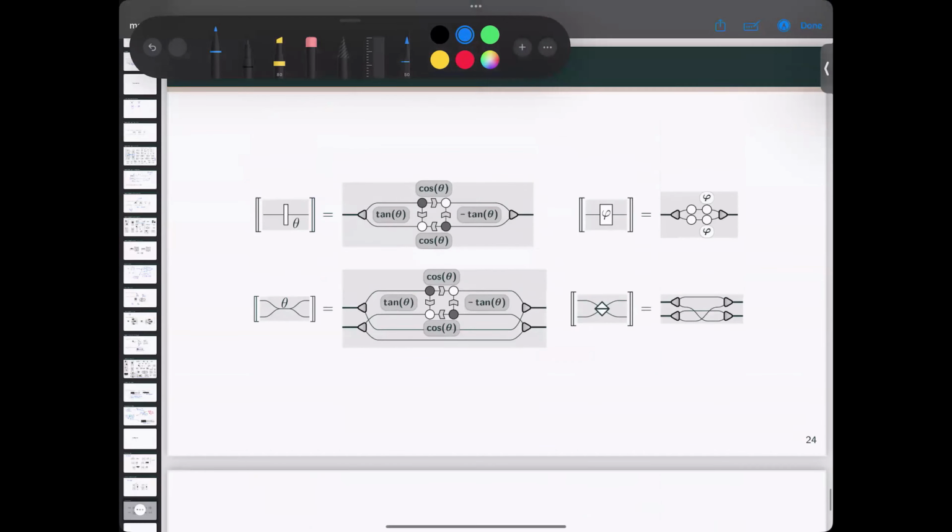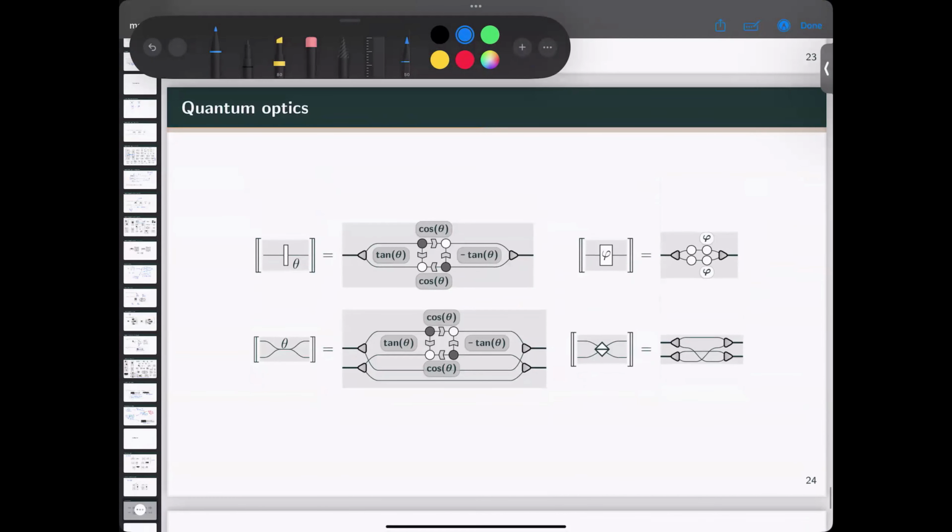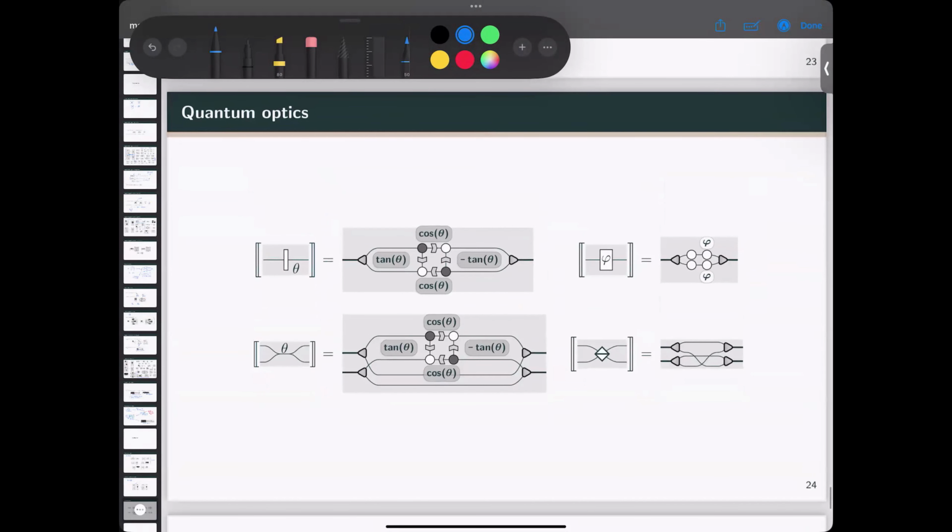Cool. And then the thing that I'm perhaps most excited about is that you can begin to interpret a part of quantum optics into this. This is once again letting the field K be equal to the real numbers.